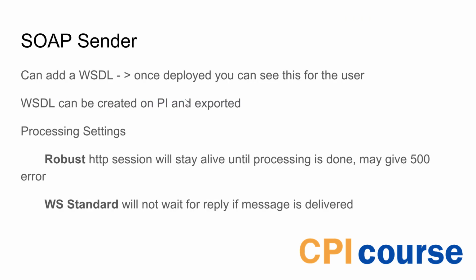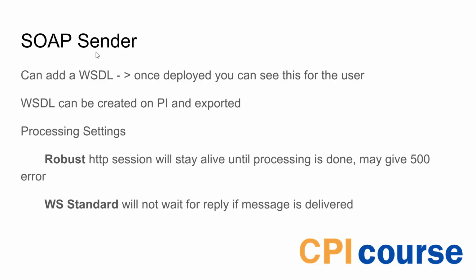And that goes for all HTTP services. It makes sense, if you're not sure what you're sending, to use this approach. The other main thing for doing integration is SOAP, and if you add a WSDL to it and deploy it, you'll then be able to see this WSDL for that specific user.